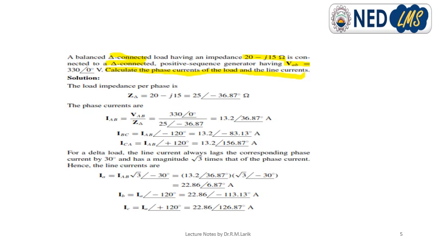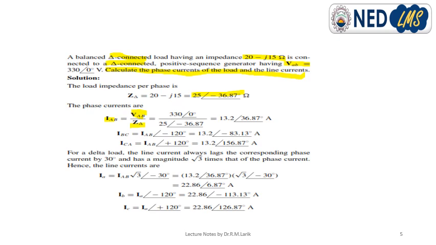The load impedance per phase is given to you, but you need to convert it into the phasor form. You will get this value. So what are the phase currents? Phase currents are nothing but phase voltage over phase impedance. In this case, phase voltage is given to us, and because it's delta connected, the line voltage and phase voltage being same, so you use that same line voltage as a phase voltage because of the property of delta and balanced characteristic, right?